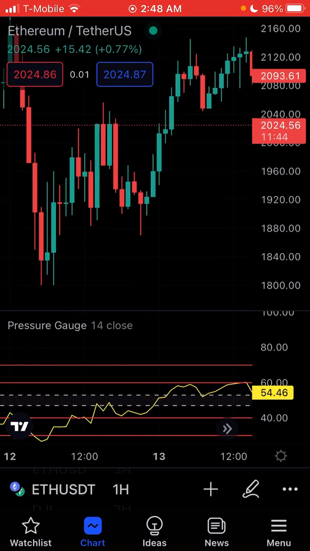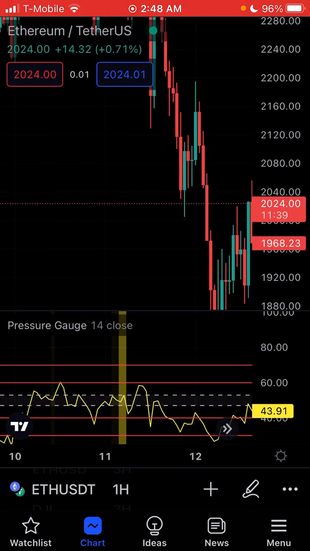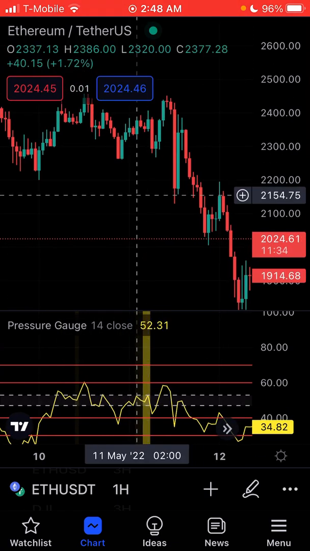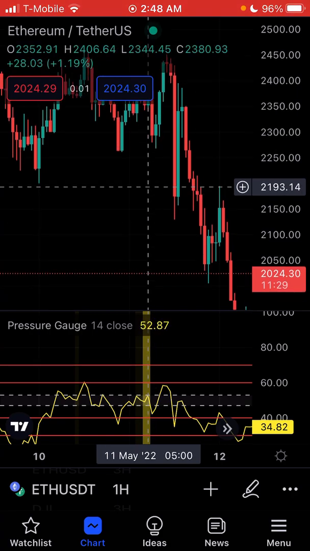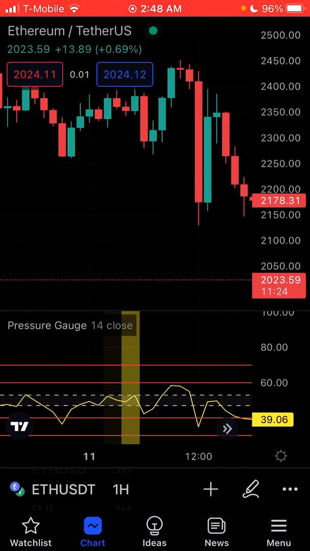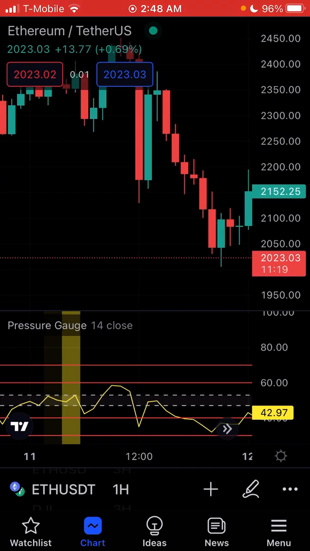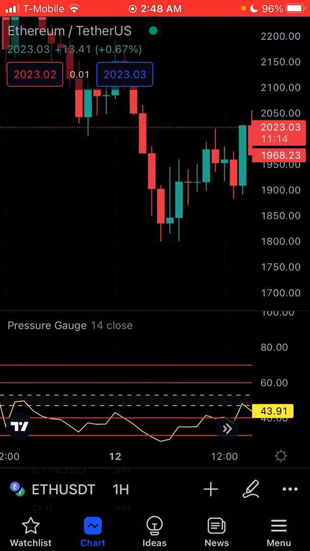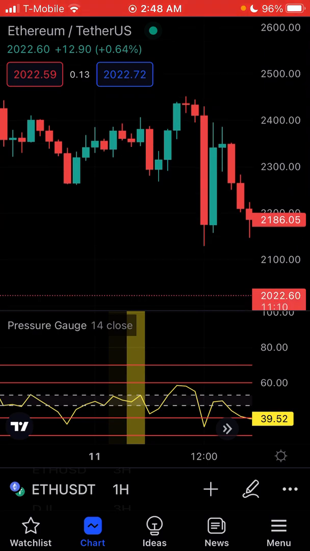So let's look and see if it shows up again. Okay, so right here you see the pressure bar, and then not long after it shows up, what happens? The market goes down. So you'll be able to detect that real easy.